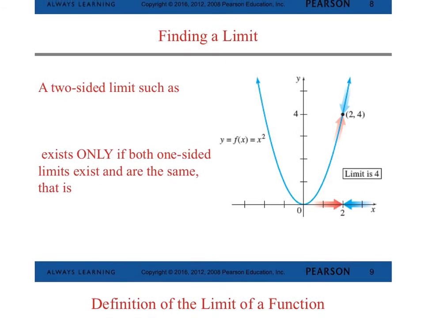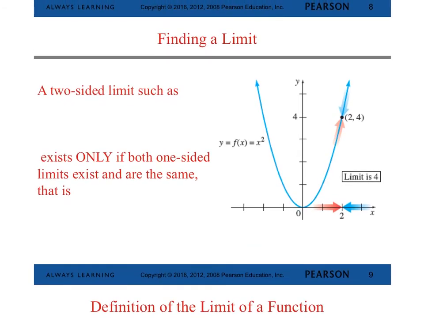Now, the reason we made a big deal about the one-sided limit is because now we're going to talk about two-sided limits. And this is very important. A two-sided limit, and this is the way you write a two-sided limit, is the limit as x approaches 2 with no signs either side.